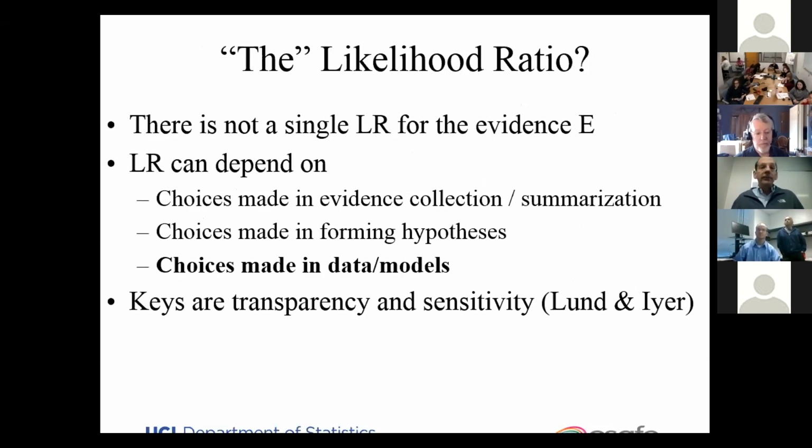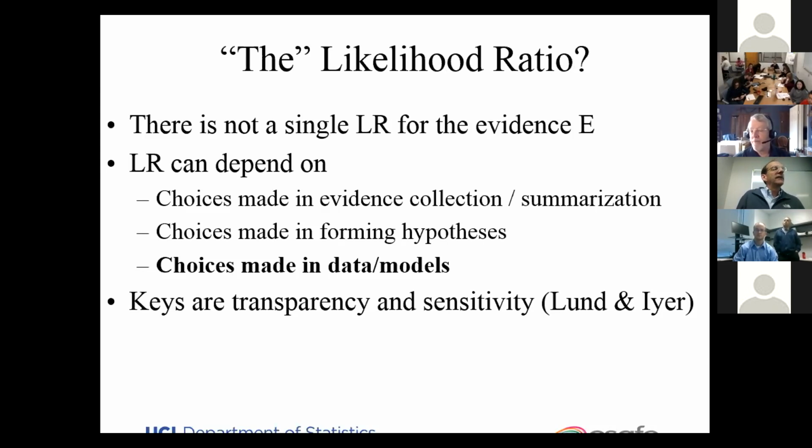I think the great point that I enjoyed in Steve and Harry's paper is this notion that people talk about the likelihood ratio, but I put the in quotes here because there's not a single likelihood ratio for a particular set of evidence E. The likelihood ratio can depend on lots of choices. Their paper and much discussion focuses on the data and models that we use.